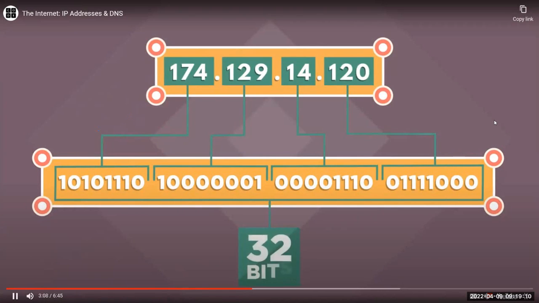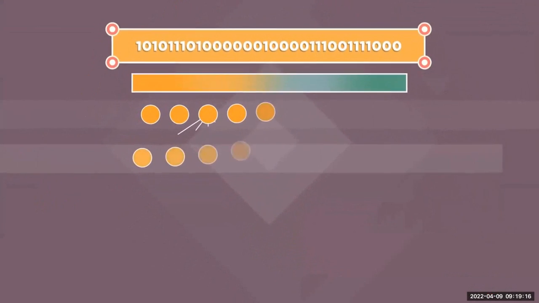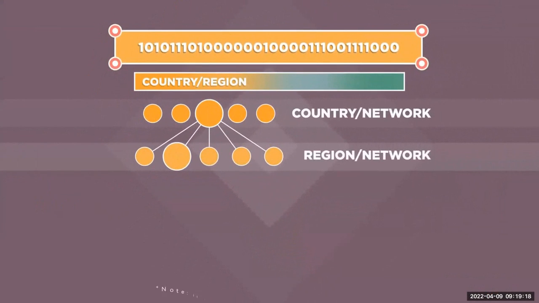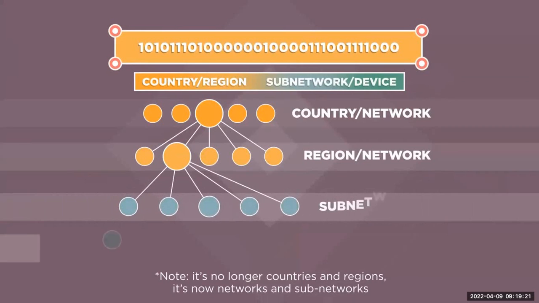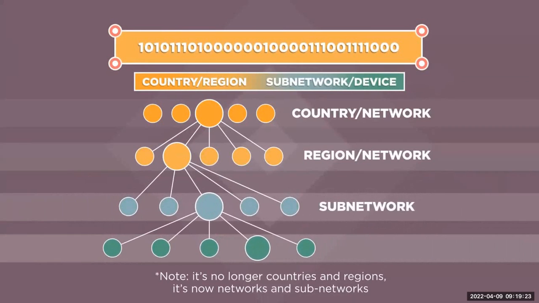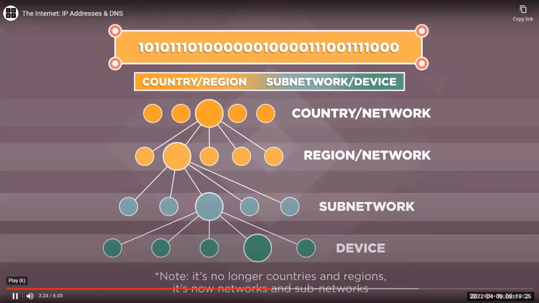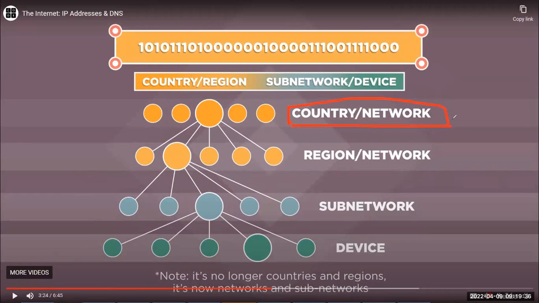IP addresses are 32 bits long, with 8 bits for each part of the address. The earlier numbers usually identify the country and regional network of the device. Then come the subnetworks, and then finally the address of the specific device. So this chart is very important. The first number is the country, maybe .US, or .cn for China.